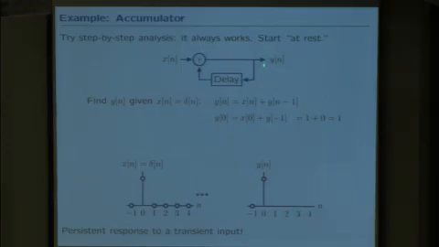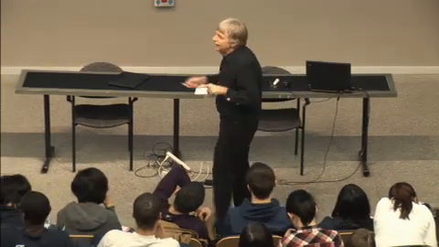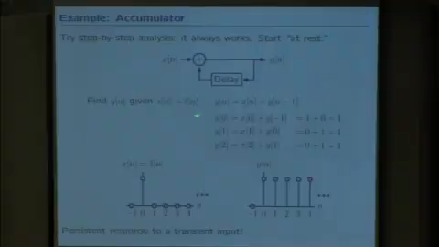So when the clock ticks, the input goes from 1 to 0, but the output of the delay goes from 0 to 1. So when the clock ticks, I get another 1. And that persists. Does everybody see what's going on? So I initially had a 0 coming out of the delay.